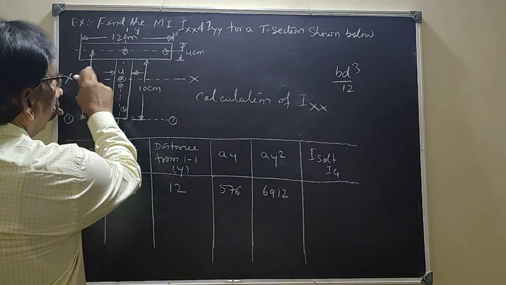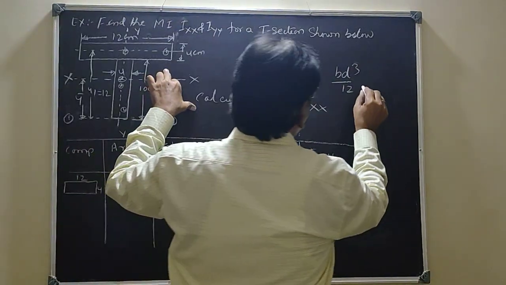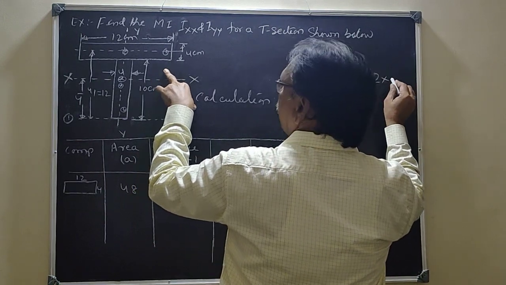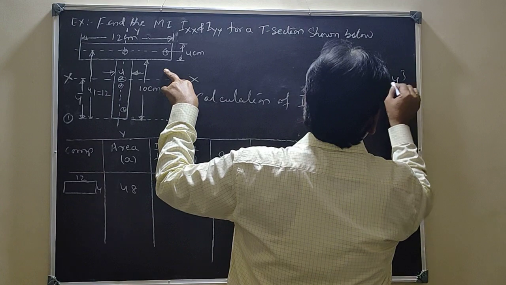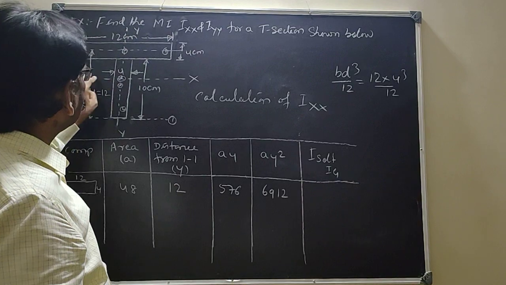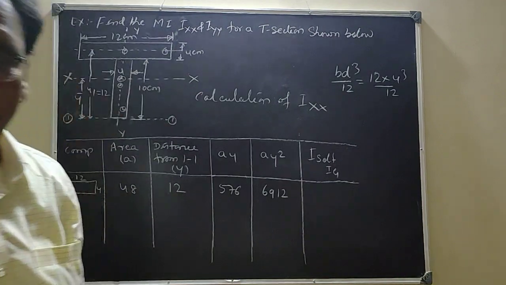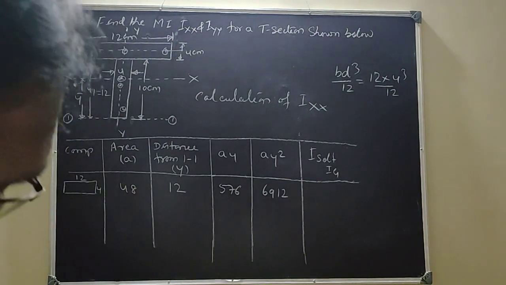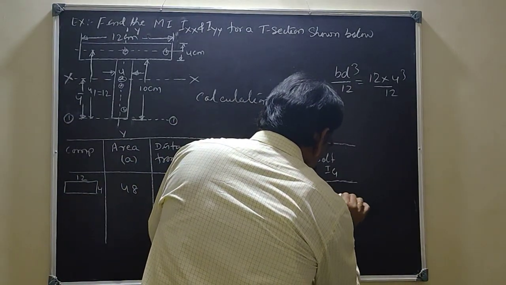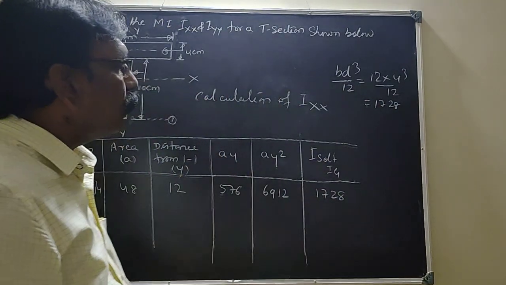Now this parallel side will become B and the other side will be D. So therefore, here B is equal to 12 into 4 cubed by 12, because that is the parallel side B, and that works out to be 1728 centimeter to the power of 4.